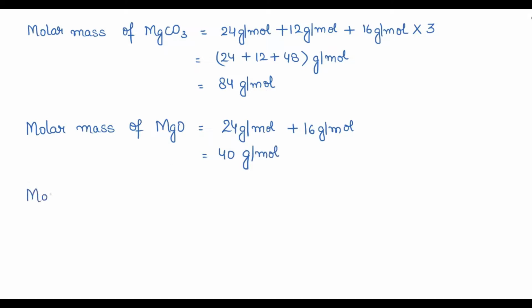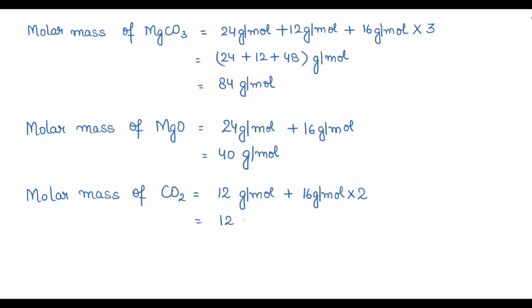Now the last one is the molar mass of carbon dioxide. So the atomic mass of carbon is 12 gram per mole plus the atomic mass of oxygen, 16 gram per mole. We are having 2 atoms of oxygen, so it will be into 2.